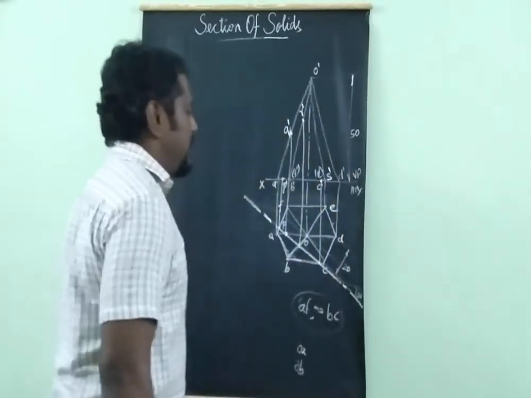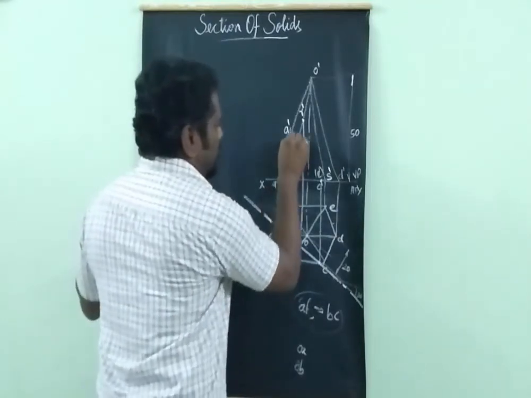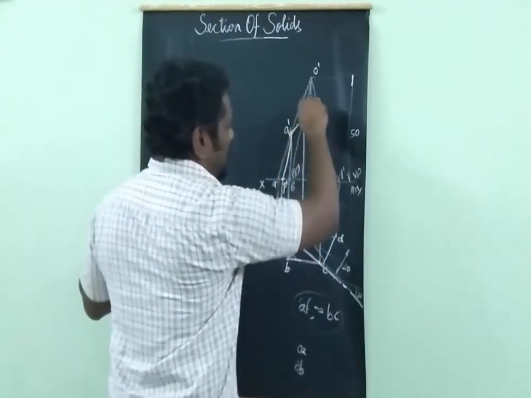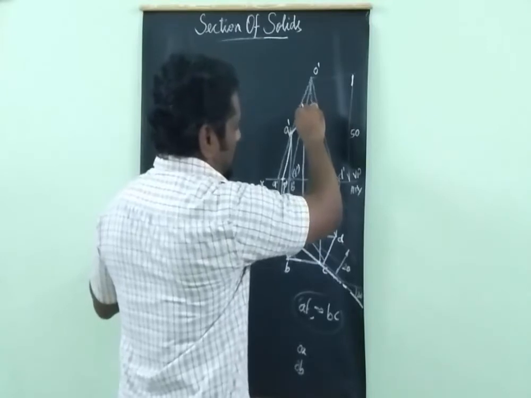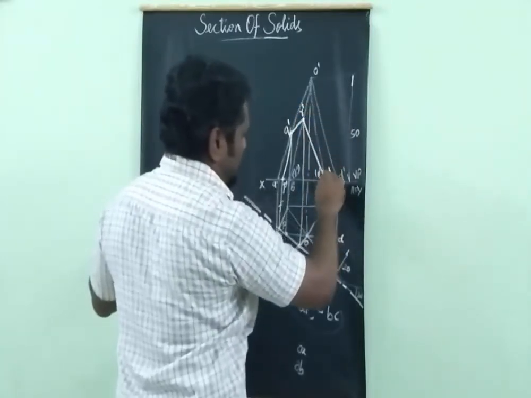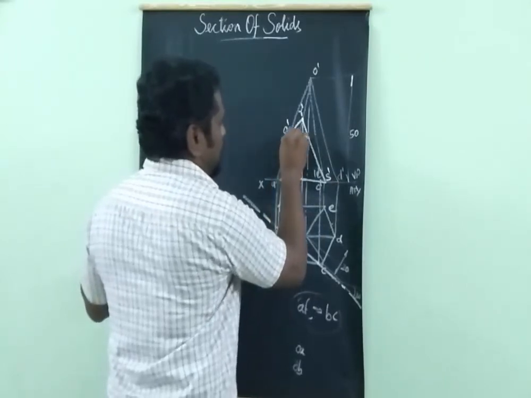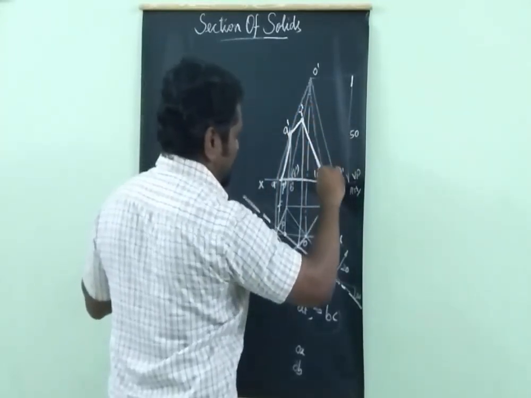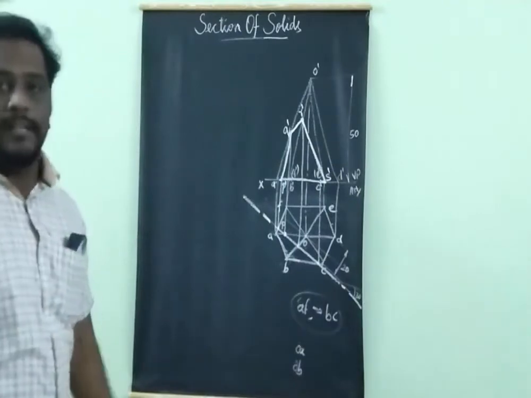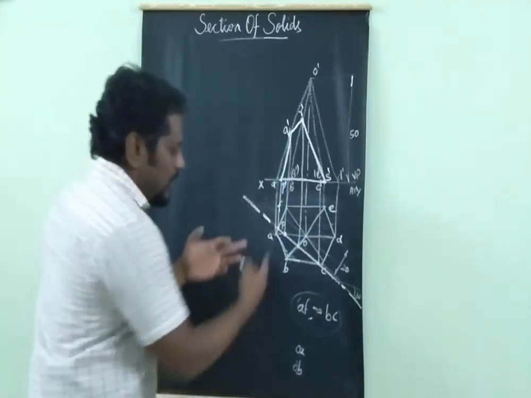Now connect point PQ, QR, RS, SP. This is your front sectional view. Then now connect the points here.